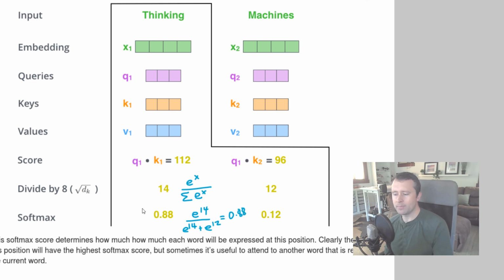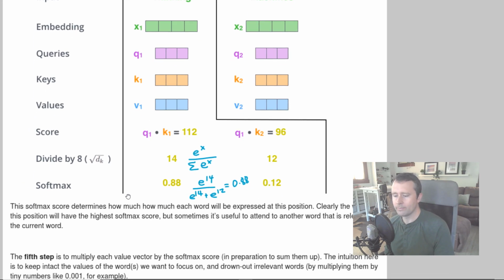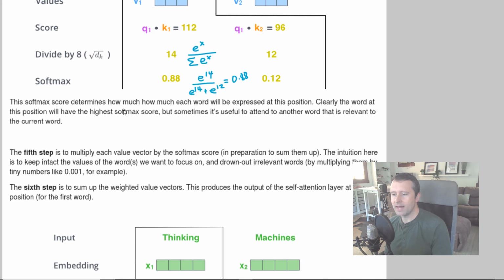All right, and again, the purpose of softmax always, it guarantees that all of the numbers will add up to 1. So it gives us these kind of proportions. The softmax score determines how much each word will be expressed at this position.